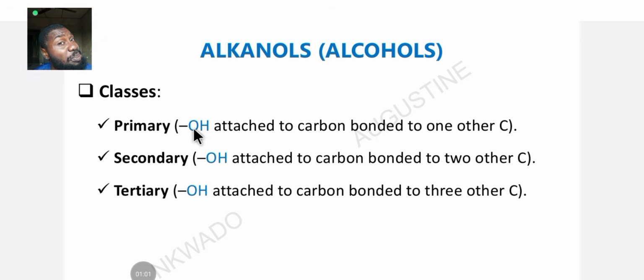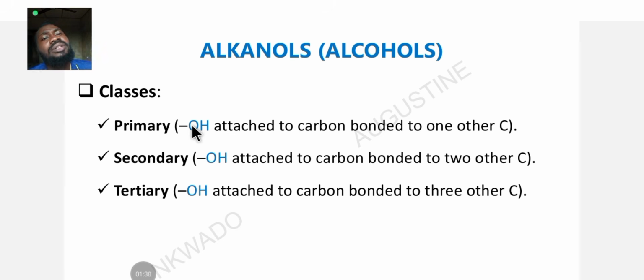For the primary alcohols, the hydroxyl group is attached to a carbon that is bonded to one other carbon. So when you see a structure where the hydroxyl is bonded to a carbon atom that is also bonded to another carbon atom directly, it's a primary alcohol.